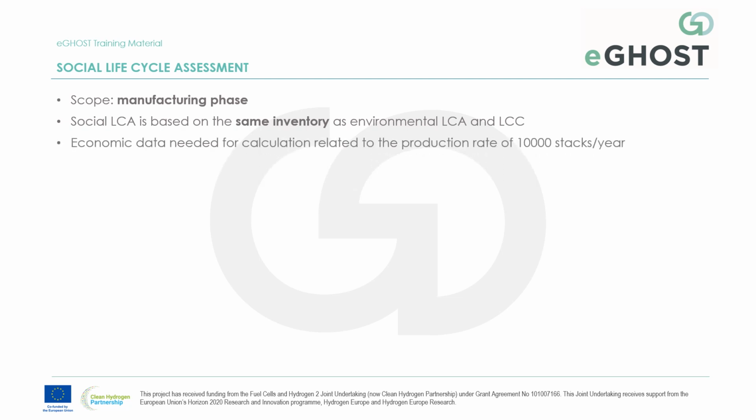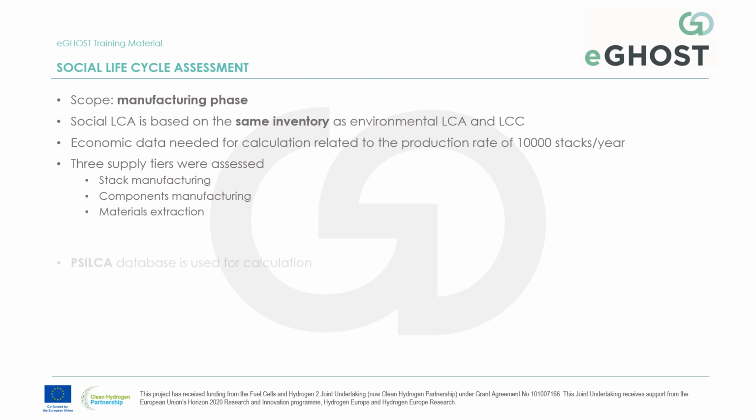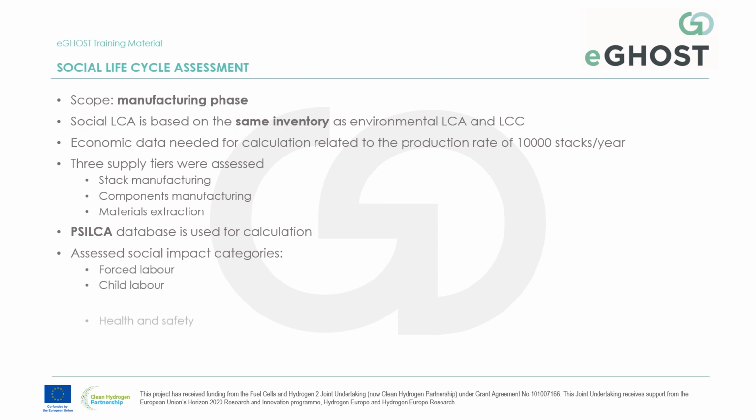We use the environmental data from the production rate of 10,000 stacks per year, and we assessed 3 tiers: stack manufacturing, components manufacturing, and materials extraction. And we have used the PSILCA database, and we assessed those 6 social indicators.